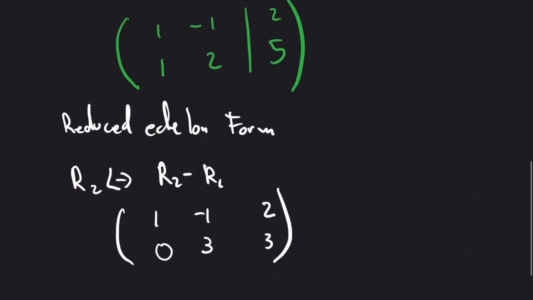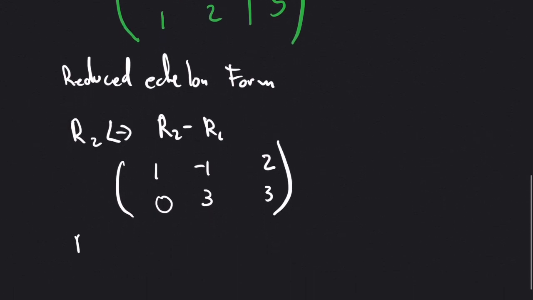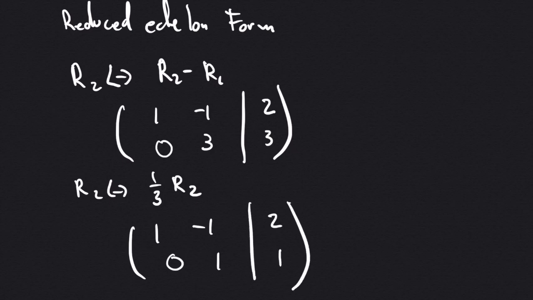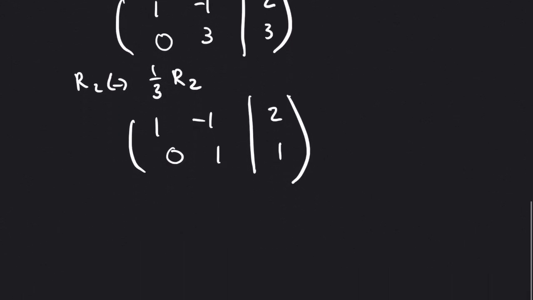This is very convenient. Now I can replace the second row by a third of the second row. And then this will give me 1, negative 1, 2, and 0, 1, 1. And then finally, I can get rid of this top negative 1 just by adding the first row and the second row together.